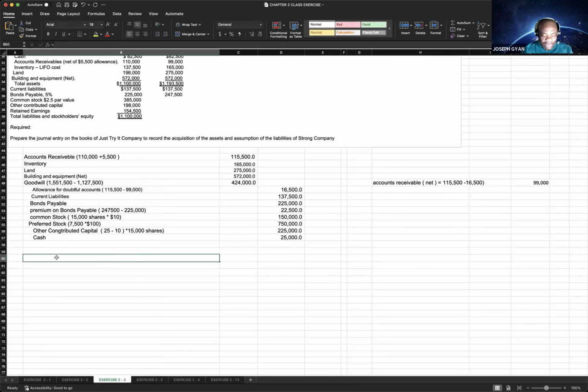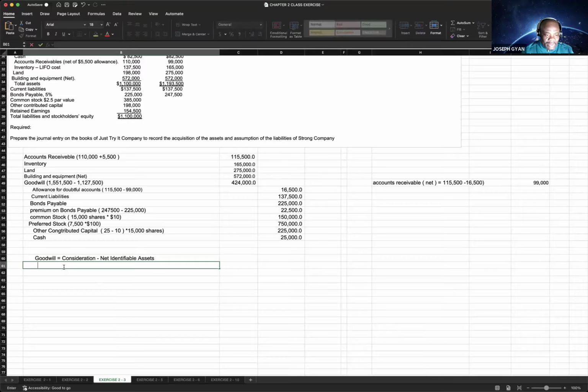So goodwill is equal to the consideration that you are giving, less the net identifiable assets. Now we know the consideration.